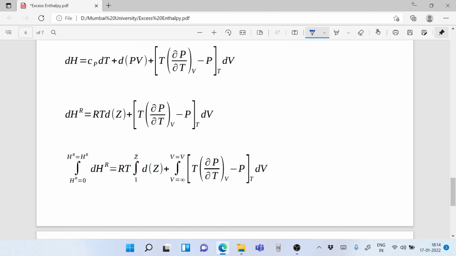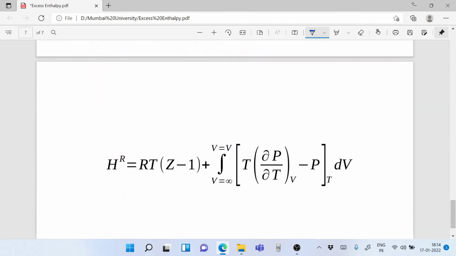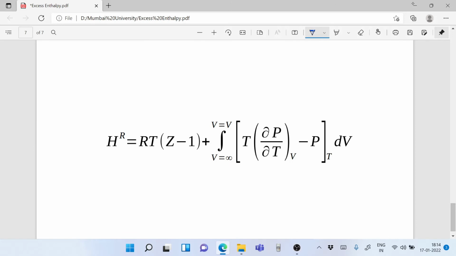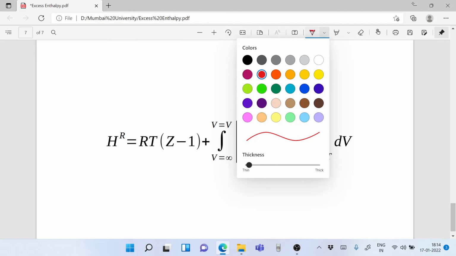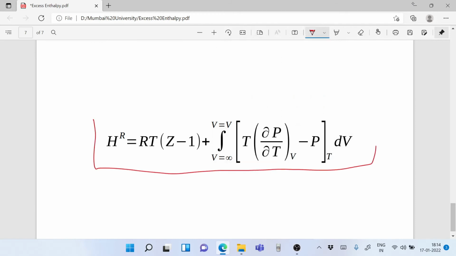That is going to be equal to RT times the integral, where for an ideal gas we know that Z is equal to 1. So the limits go from 1 to Z, and V infinity to V. The concept was already explained. And this is what we have. So finally, we have this as our equation for the residual enthalpy of a real fluid.